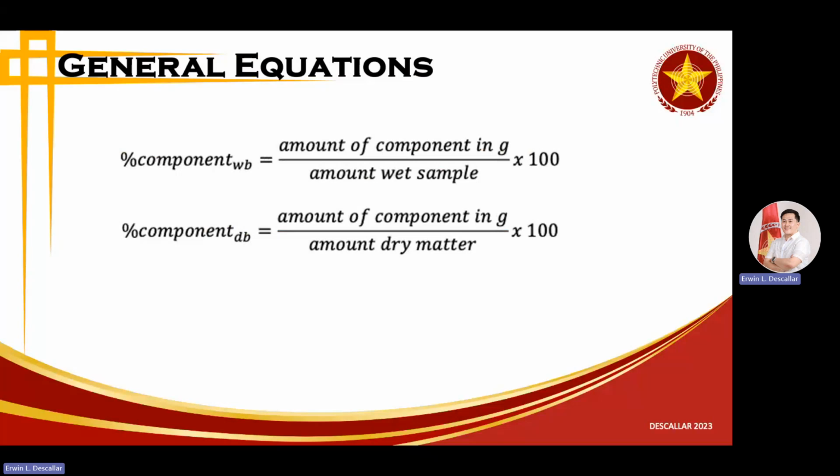Again, the proximate analysis is really a basic calculation lang ito, class. Wala siyang very complicated integration, wala na kayong kailangan pang gagamitan ng algebraic expression. Very basic formula manipulation lang ito.